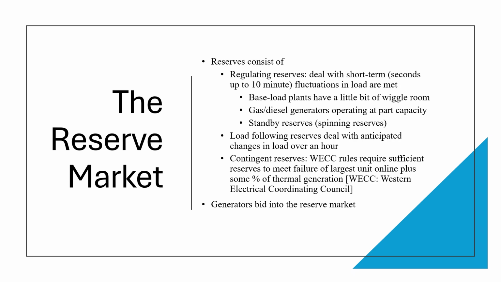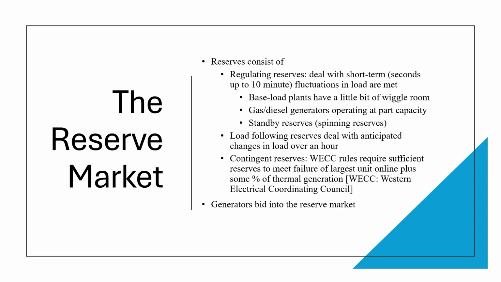So base load plants have a little bit of wiggle room. Gas and diesel generators operating at part capacity. So an open cycle gas turbine or diesel fuel generator could be in that situation. They're running, but not at a high level.